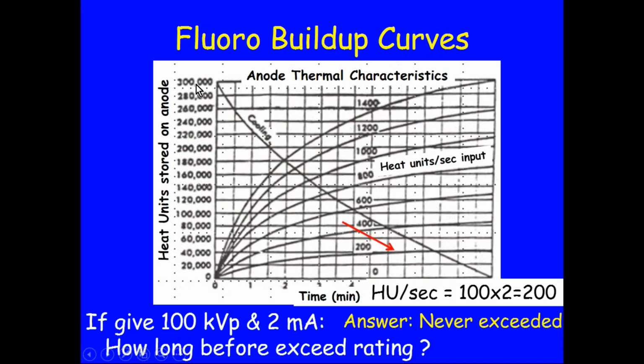The maximum is 300,000, so you're never anywhere near 300,000. In other words, at that setting, the heat dissipates to the point that there is no more heat beyond 40,000. The tube will get hot, but it'll never exceed 40,000 as long as you're at these settings. So the tube essentially will never blow up.